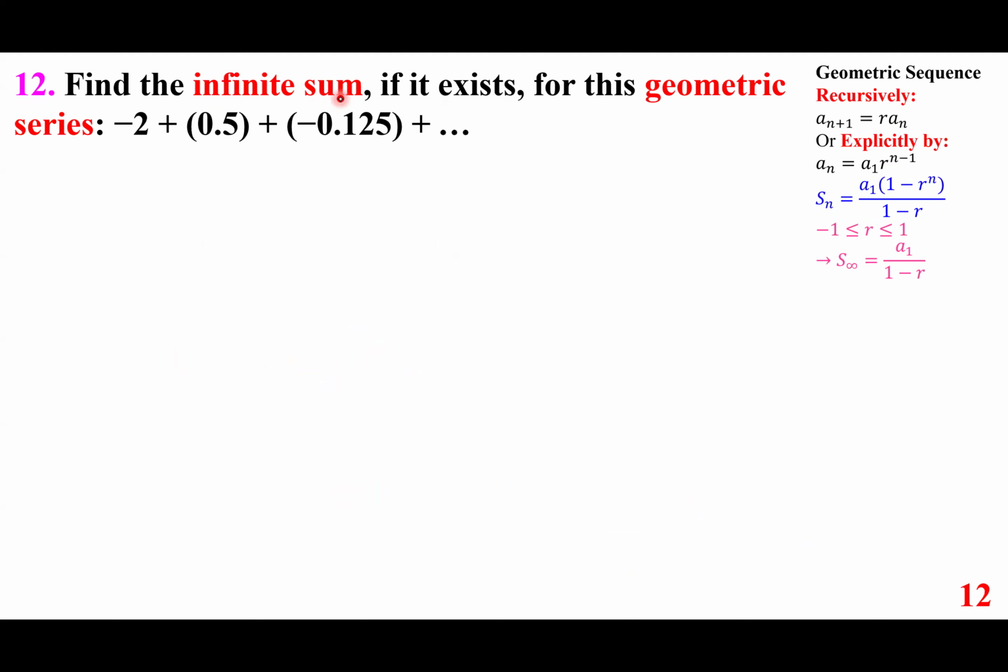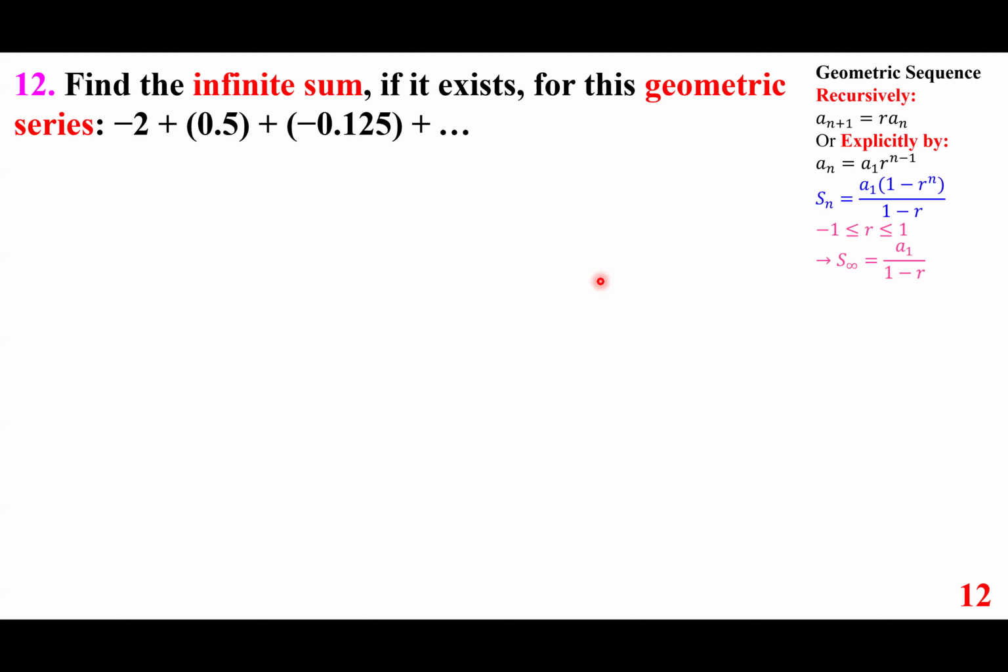Find the infinite sum, if it exists, for this geometric series: -2 plus 0.5 plus negative 0.125, and so forth. So what I want to add, as far as any series for that matter, is that if you add them up indefinitely all the way to the end, it becomes an infinite sum.